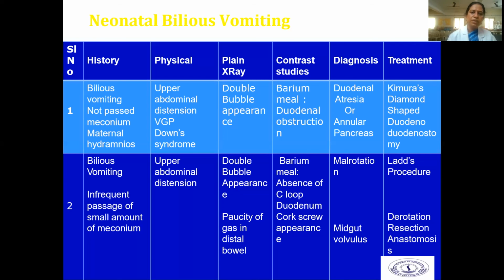And when we find on barium meal absence of C loop or duodenum corkscrew appearance, that indicates malrotation and midgut volvulus, for which, for malrotation, Ladd's procedure, and for midgut volvulus, derotation, resection, and anastomosis. So we conclude the diagnosis on the basis of the contrast studies, the X-ray and physical examination, and also on the basis of history, and come to a conclusion.